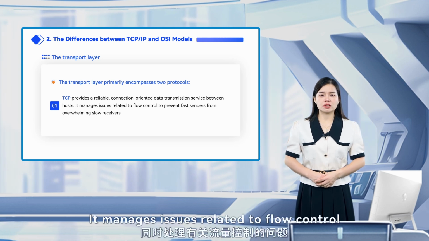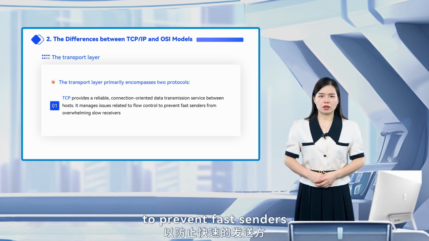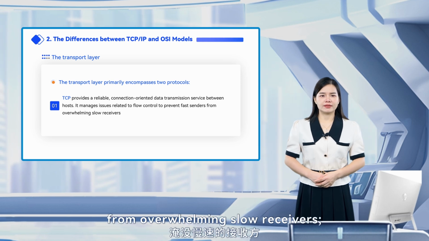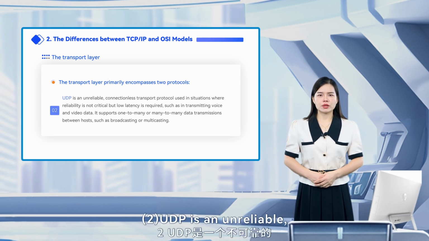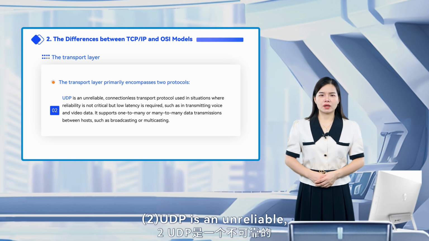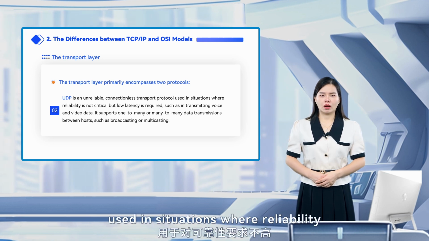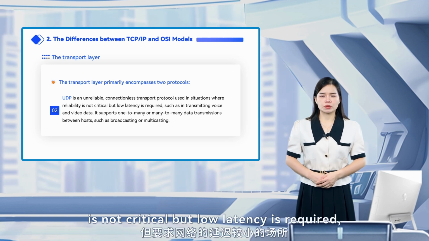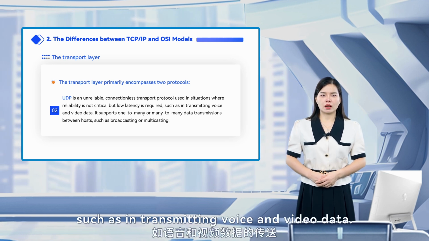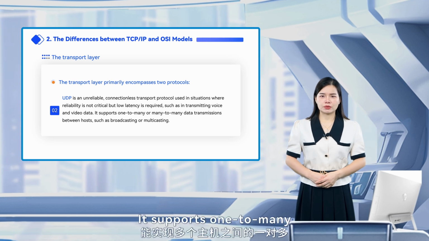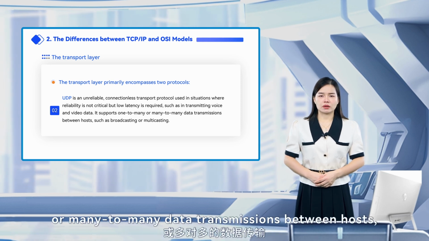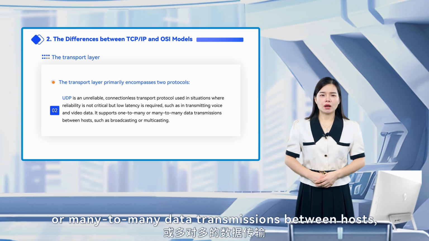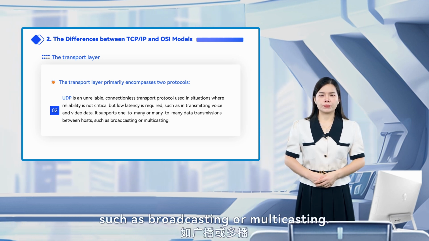It manages issues related to flow control to prevent fast senders from overwhelming slow receivers. 2. UDP is an unreliable, connectionless transport protocol used in situations where reliability is not critical but low latency is required, such as in transmitting voice and video data. It supports one-to-many or many-to-many data transmissions between hosts, such as broadcasting or multicasting.